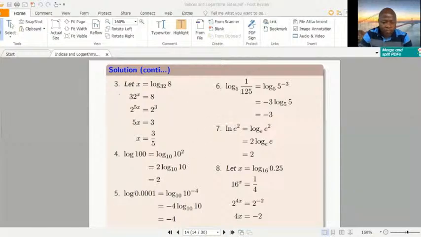Let's now do this question 5. I can write this in standard form. This number, you write it in a standard form, and it will be 1 times 10 raised to what? 1, 2, 3, 4. Negative 4. So we all know how to write numbers in standard form. And so that means that if I'm given this number, I can write it as this.